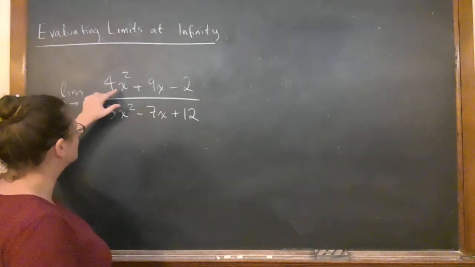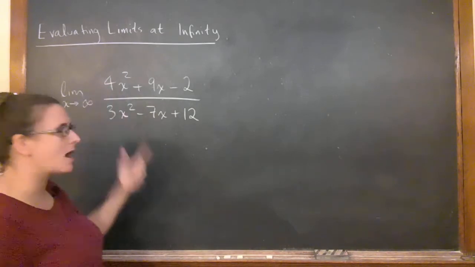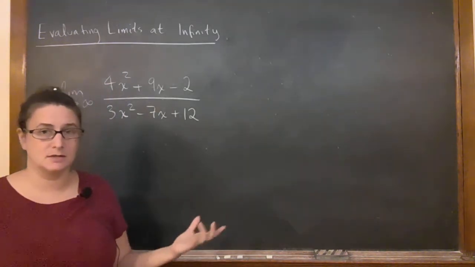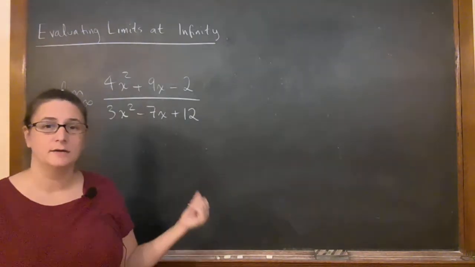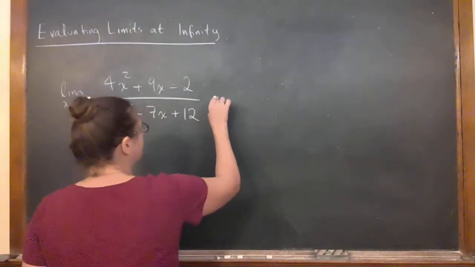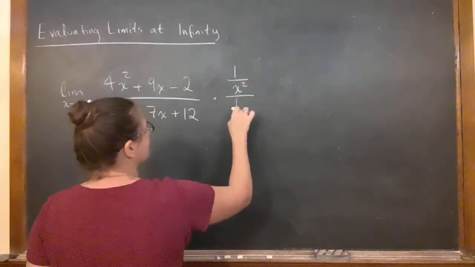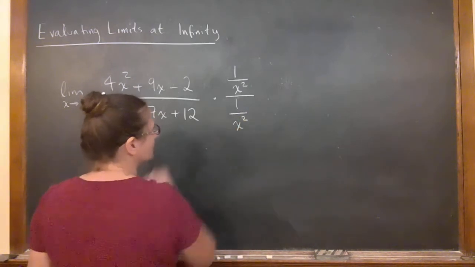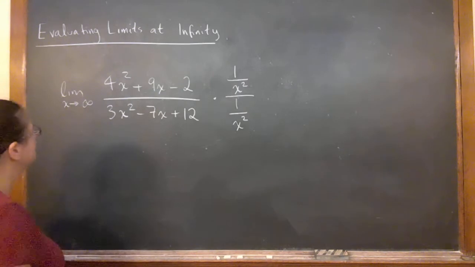So the highest term is going to be x squared. This is my highest power, 2, that exists in the problem. So then the trick is to divide top and bottom by 1, but 1 of the form 1 over whatever the highest power is. Right? So that's my trick.